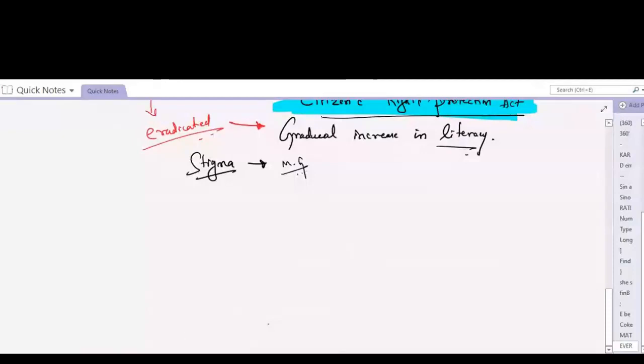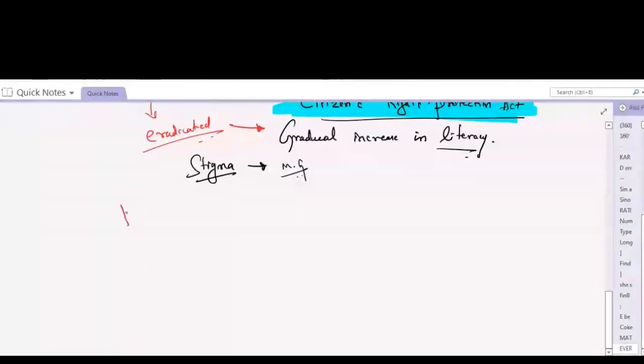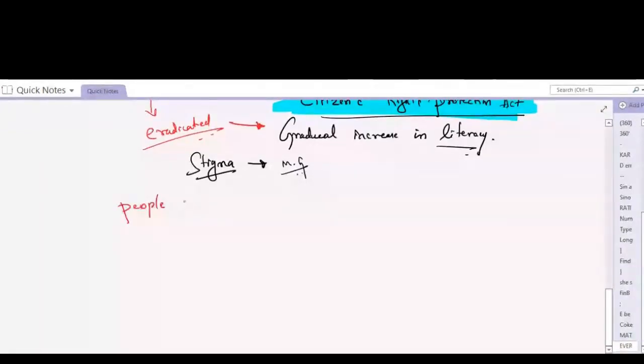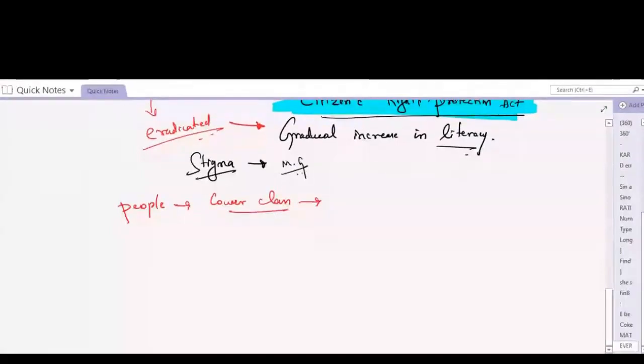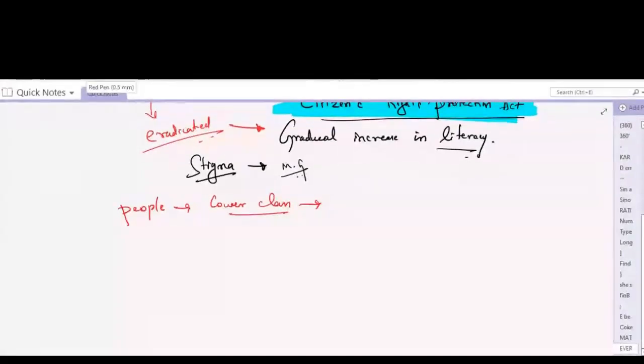Now, can you tell me the people who belong to lower caste or lower class, what they are known as? What do we call them? Scheduled caste, scheduled tribe.